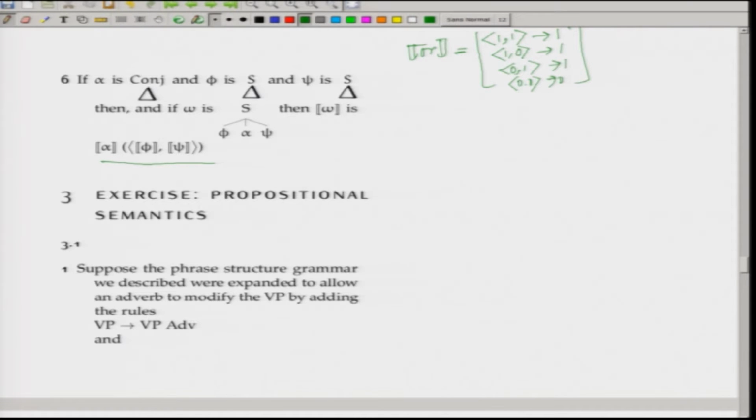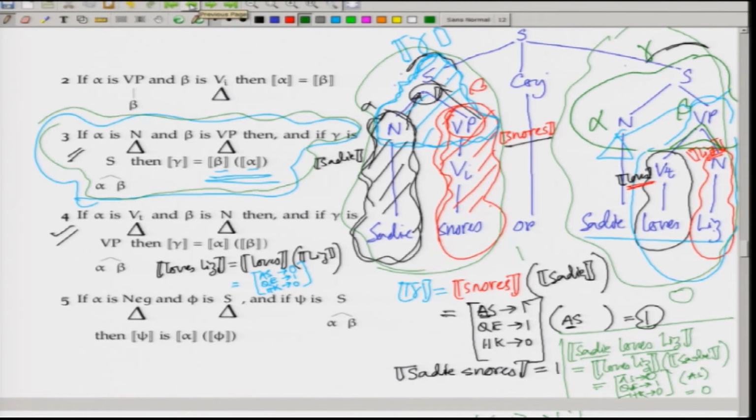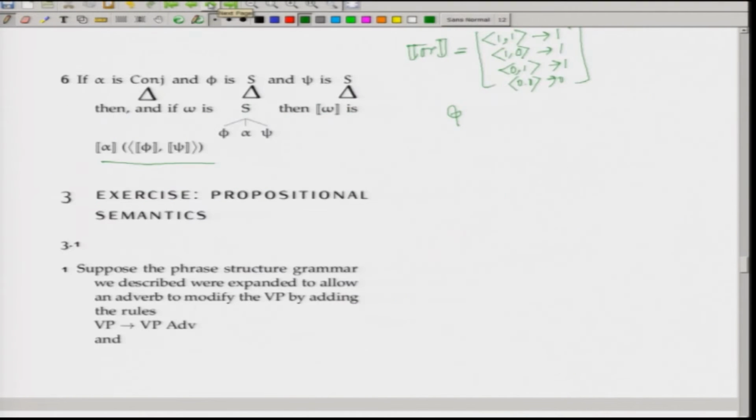OR is a conj, that is fine, and two sentences we have here. Our phi is SADI knows, and our xi is SADI loves Liz. So, phi or xi is now actually the entire sentence, that is SADI knows or SADI loves Liz.